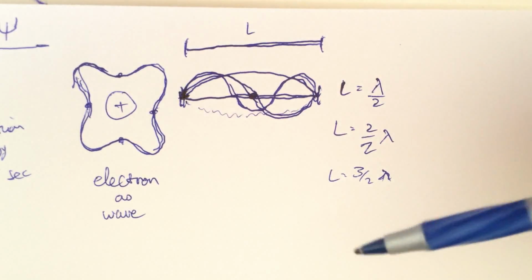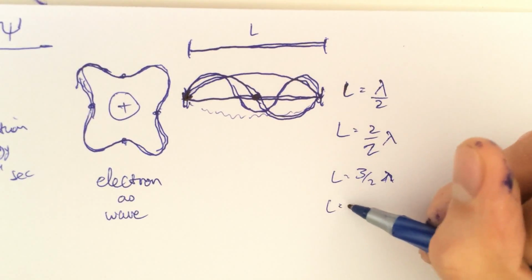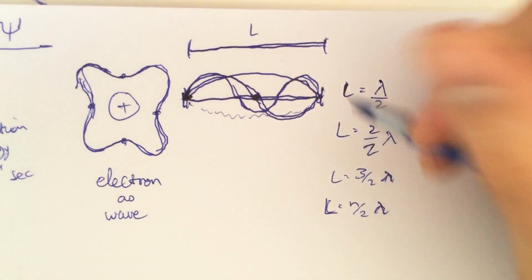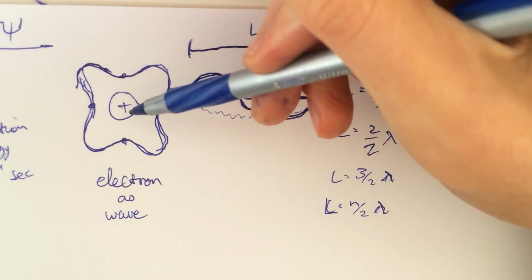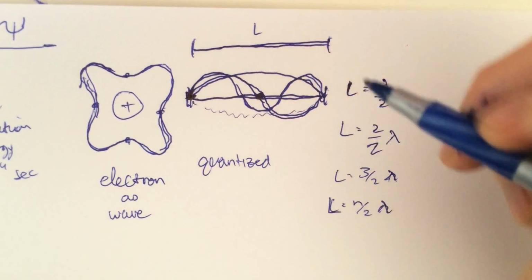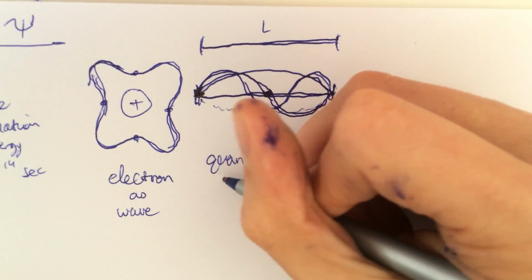And you get the idea that as you increase the frequency, you'll get a stable mode at every L equals n over 2 lambda. This makes sense when you talk about quantized energy levels from the spectroscope and the emission spectroscopy.